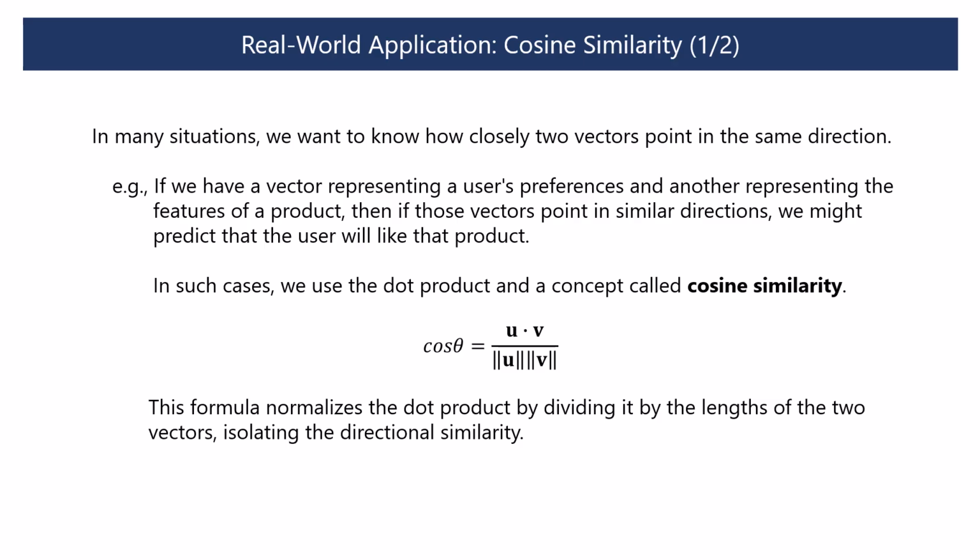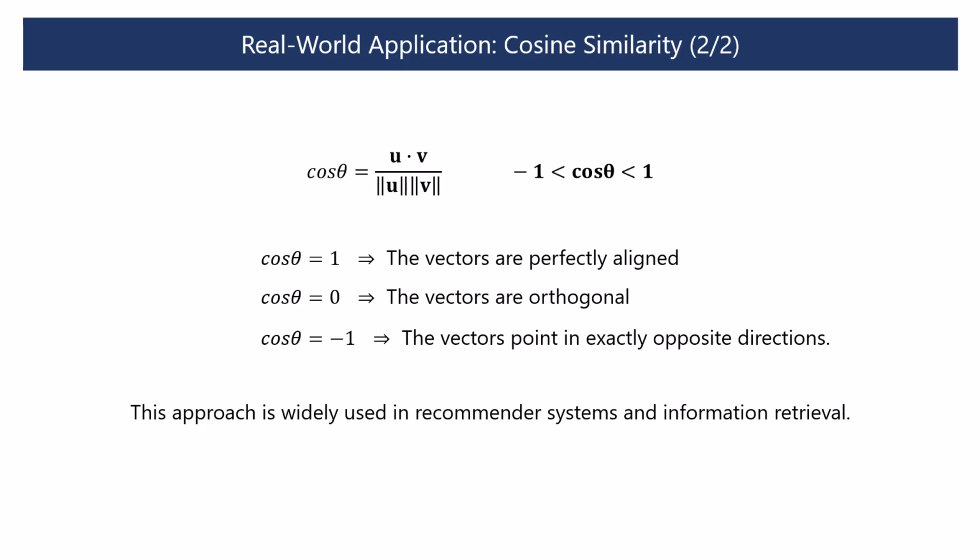Cosine similarity is defined in this way. This formula normalizes the dot product by dividing it by the length of the two vectors, isolating the directional similarity. The value of cosine theta ranges from minus 1 to 1, where 1 means the vectors are perfectly aligned, 0 means they are orthogonal, and minus 1 means they point in exactly opposite directions. This approach is widely used in recommender systems and information retrieval.